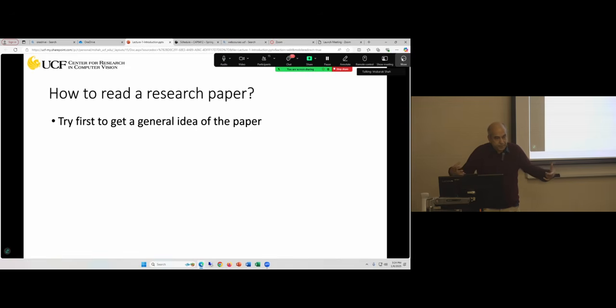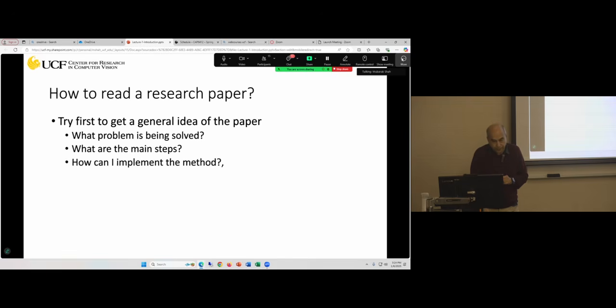Say, well, this paper solves some problem, and what's the problem, right? And what's the problem solved? What are the main steps? Because this is a computer science paper, there'll be different things, do this, do that, algorithm. So you want to identify those steps.